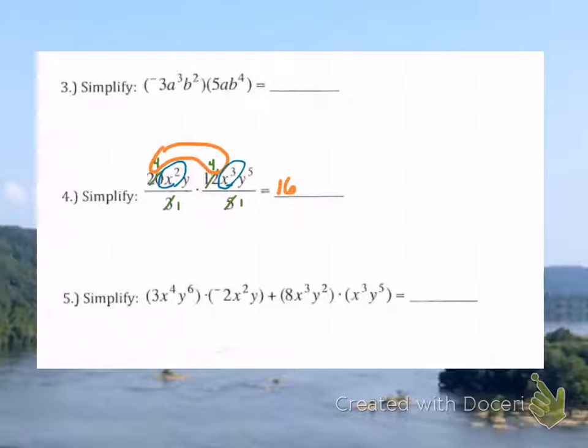So I'm going to use my shortcut rule and know that if I have the same base, I can add the exponents. So that gives me x to the 5th. Then I have y's of the same base, and remember the y with no exponent really has an exponent of 1. And so that gives me y to the 1st times y to the 5th, which is y to the 6th.